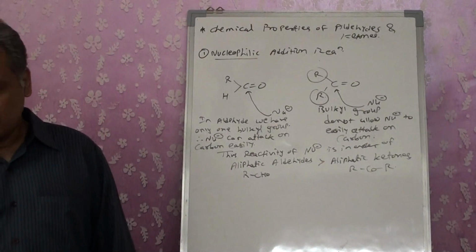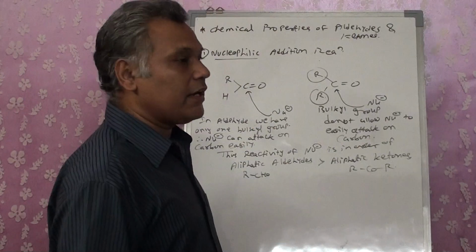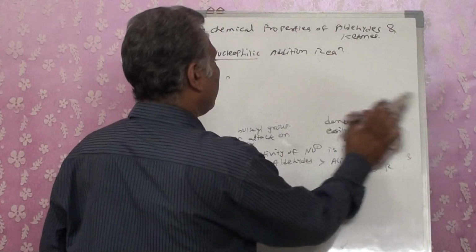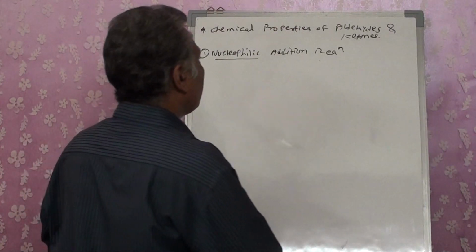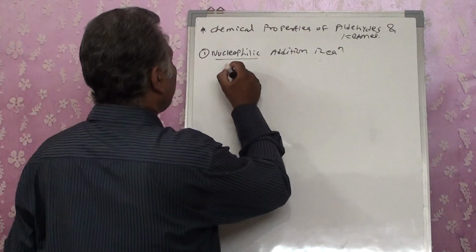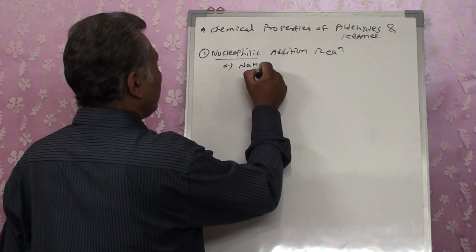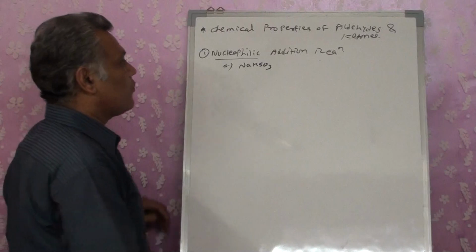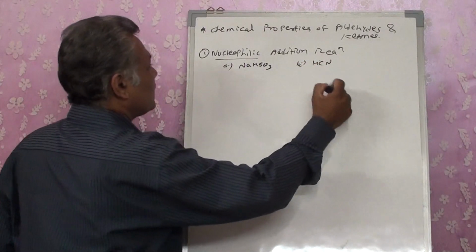Now the next thing we are going to discuss is the different nucleophilic addition reactions. We are going to come across addition of NaHSO3 as the first reaction. The second one is with HCN.